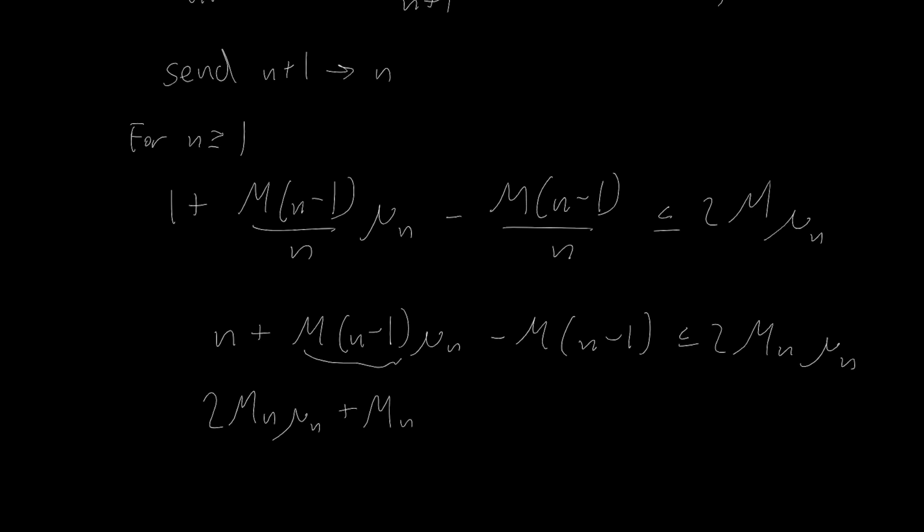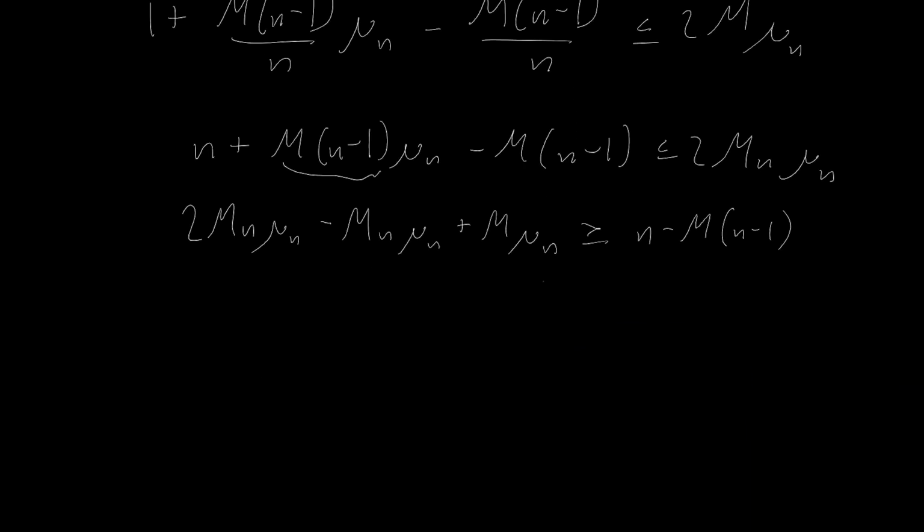It's a minus mn mu n, then plus m mu n. That is all greater than or equal to n minus mn plus m. I could probably just leave that factorized, n minus 1. We can see that these terms collect together.